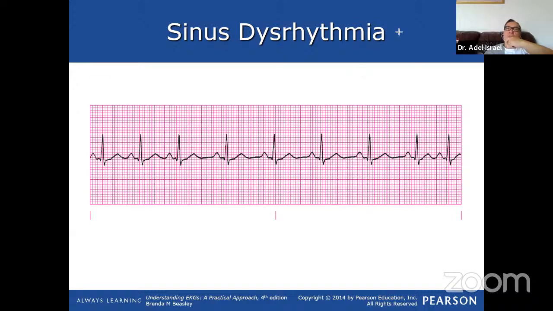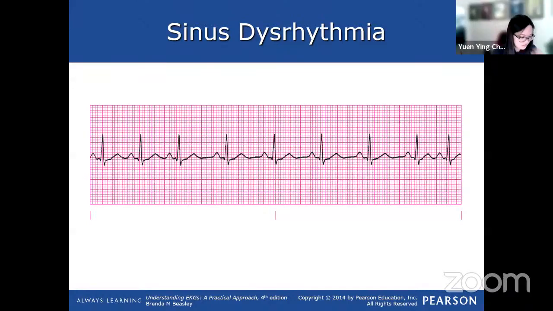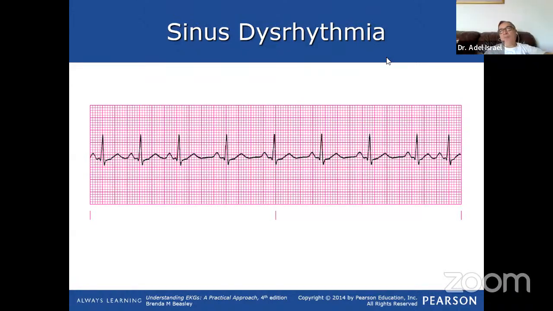So it's 0.08. Very good. Perfect. So Jennifer found everything normal except the regularity is not regular. And according to this, she will put the diagnosis, which is sinus dysrhythmia.